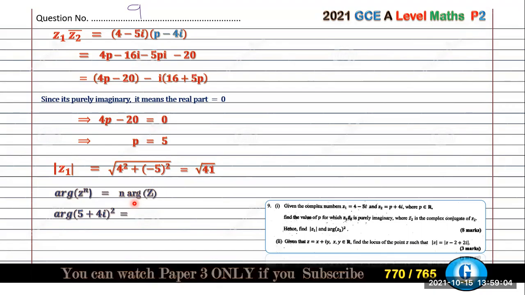So the argument of this complex number will be equal to 2 times arctan 4 on 5, y component over x component. That will give us 2 into 0.675 radians, which is 1.35 radians approximately. So that is the argument of this complex number.